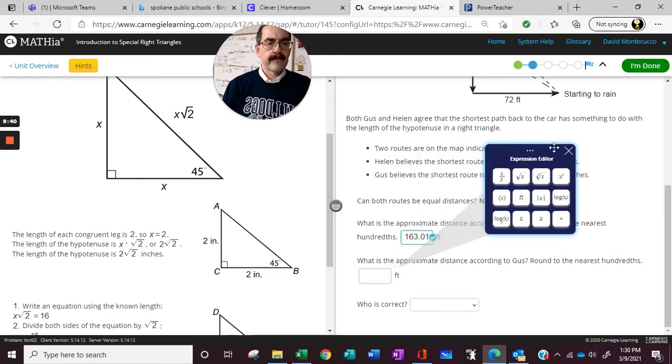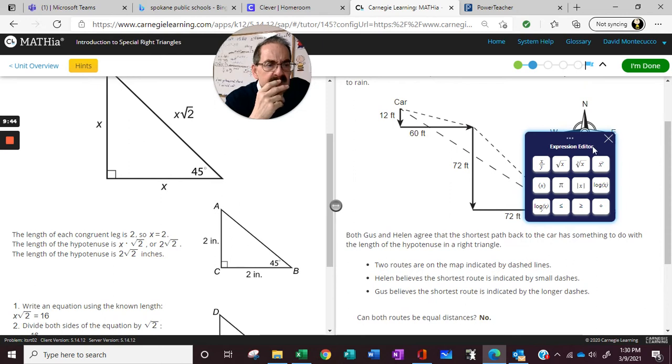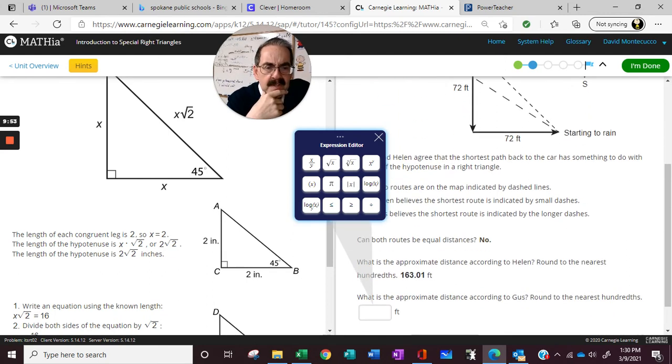What is the approximate distance according to Gus, rounded to the nearest 100th? So now Gus is going to take this 130. If we put these two together, we have 130, and those two together is 84. So now we have 130 squared plus 84 squared.